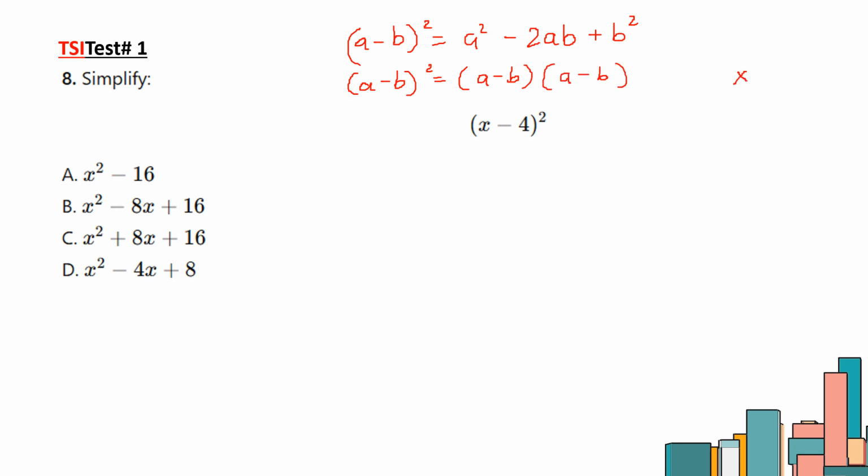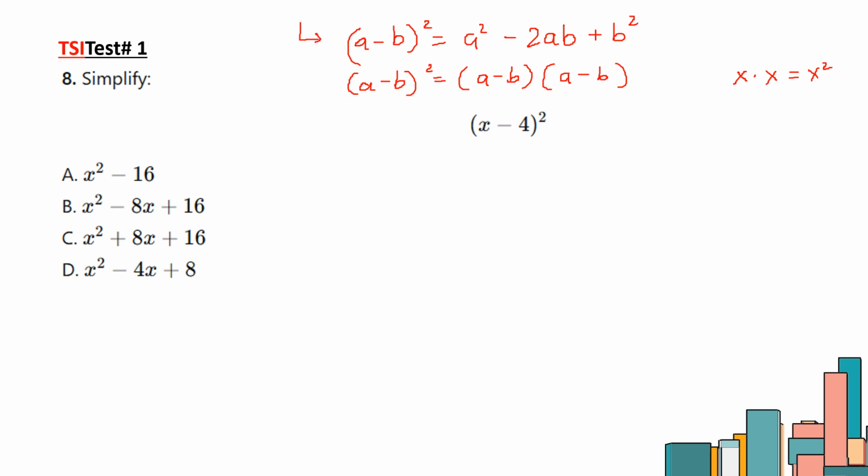One factor of a minus b times one factor of a minus b, that is 2 in total. That's why you have the square, the exponent is 2. This formula is the shortcut of it.